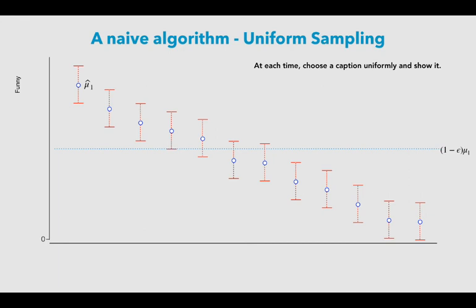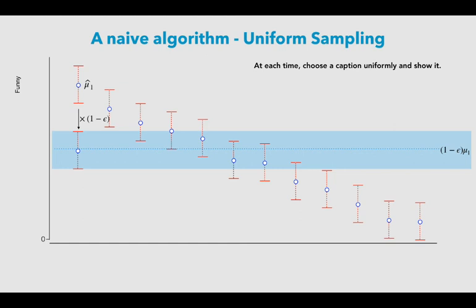However, based on these confidence intervals, we can construct a region that contains the threshold by taking the confidence interval around the highest potential mean and scaling it by 1 minus epsilon. This leads to this blue region, which is guaranteed to contain the true value of the threshold, 1 minus epsilon mu1.